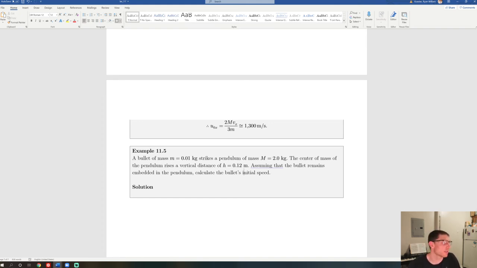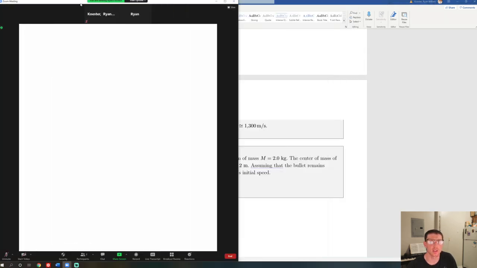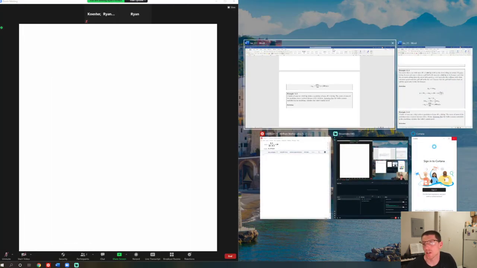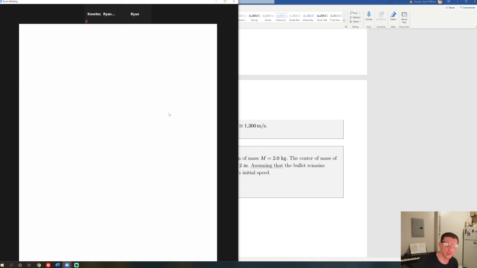But now what I'll do is I'll make the sketch here. And we have three separate things to think about. I'll call this the zero subscript. At this time, the pendulum is just hanging, and the bullet is right here.